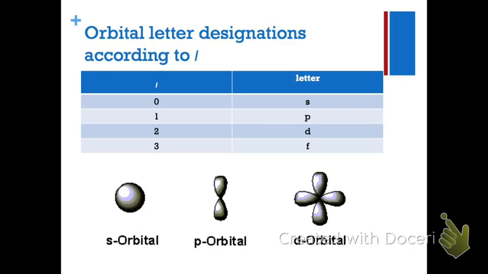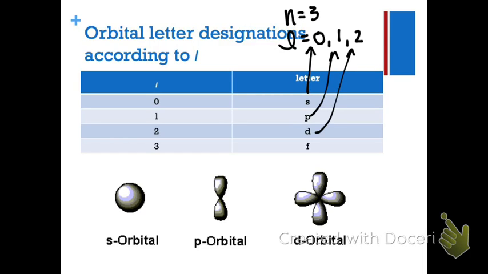So I want you to look at an example. When I said L could be equal to 0 through n minus 1, let's take a look at if n equals 3. That means we're in the third energy level. L could be equal to 0, 1, or 2, depending on where the electron is. And so what this says is that we have 3s, 3p, and 3d orbitals.